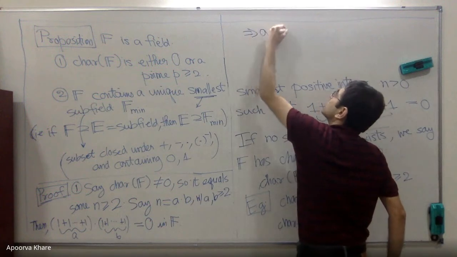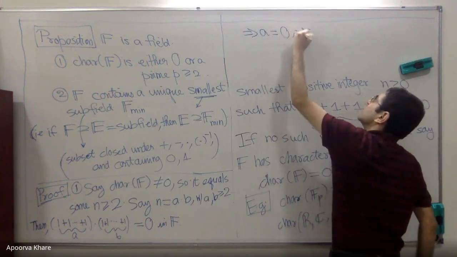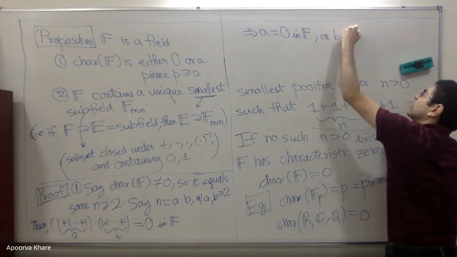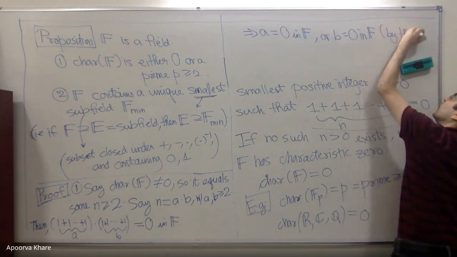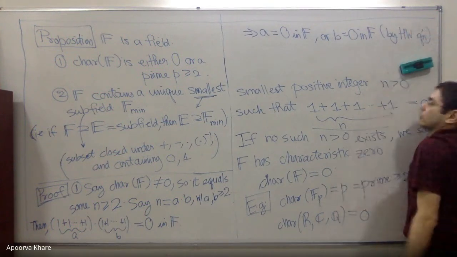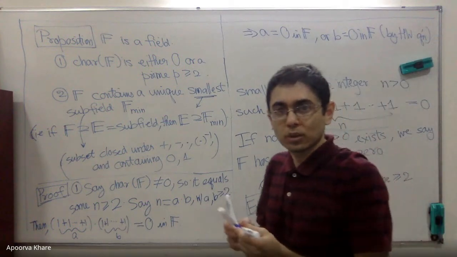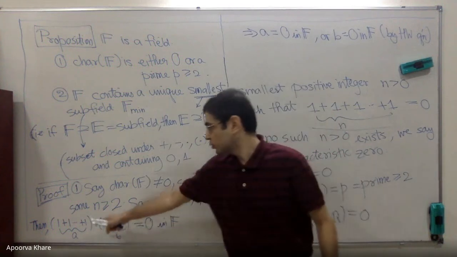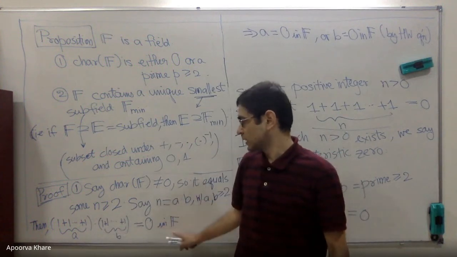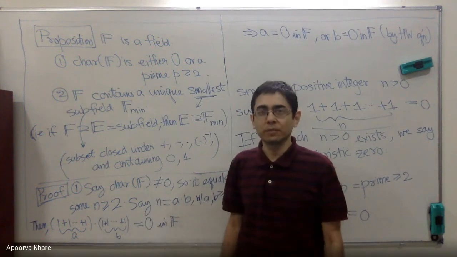This implies a equals 0 in F or b equals 0 in F by the homework. By the last homework question, which I wrote down and of course erased a few minutes ago. By that, if a product of two scalars is 0 in the field, at least one of them is 0.